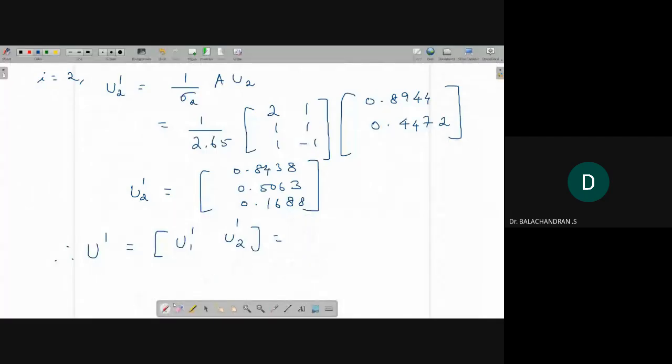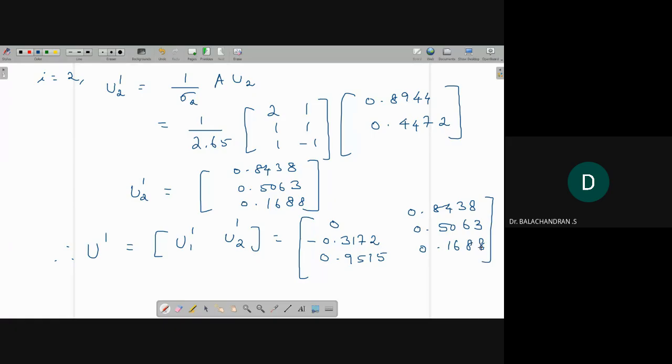U1 dash is 0, minus 0.3172, and then 0.9515, and then U2 dash is 0.8438, 0.5063, 0.1688. So this is U dash.